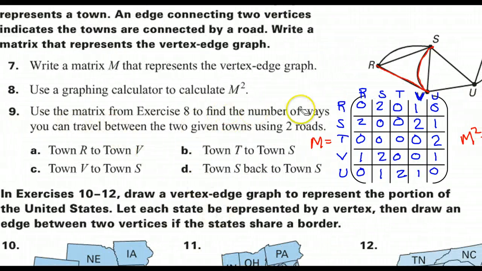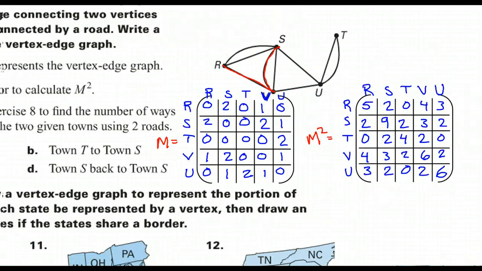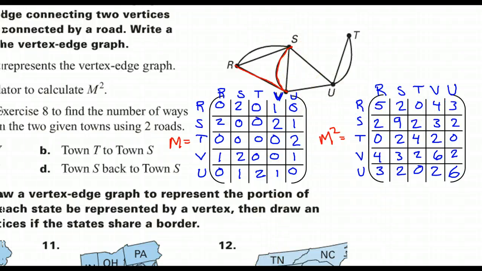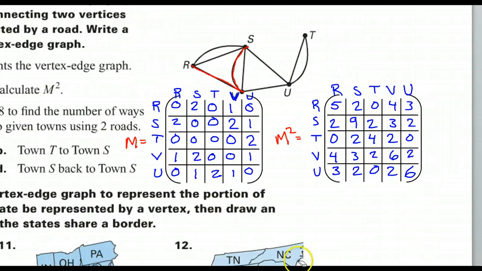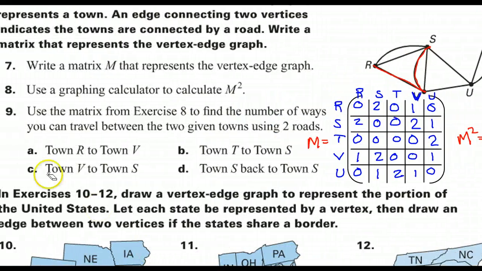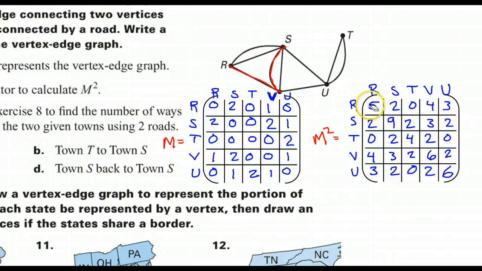So, find the number of ways you can travel between the two given towns using two roads. Okay, that's two paths on this vertex edge graph. And this is a two-path matrix because we squared it. So, between town R and town V, I see the 4 from R over at V, that's a 4.